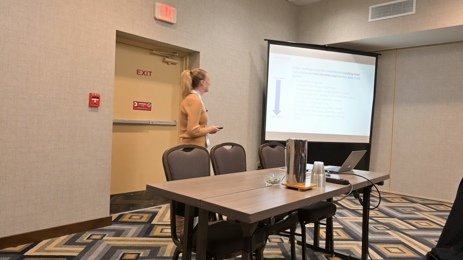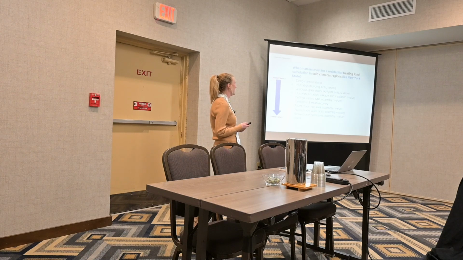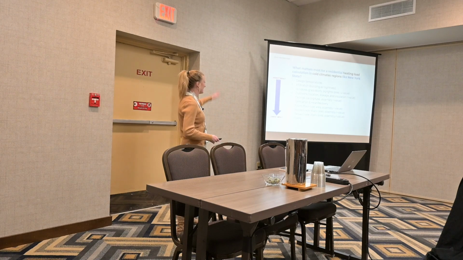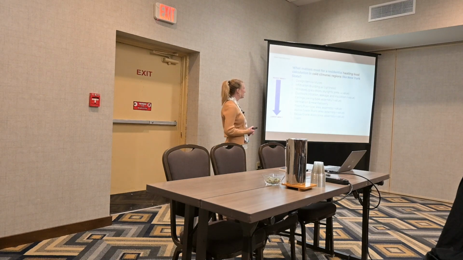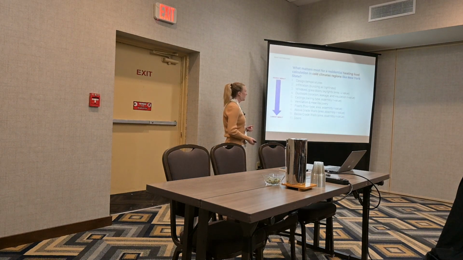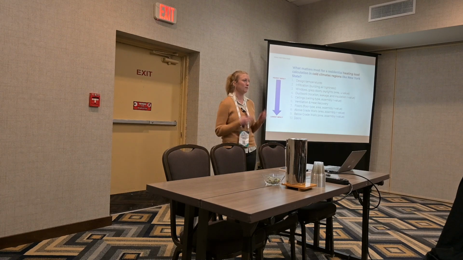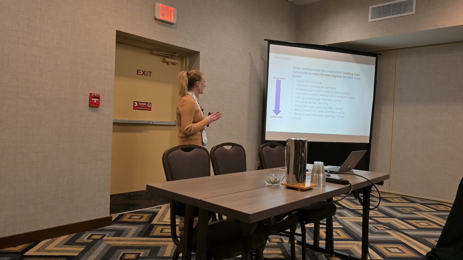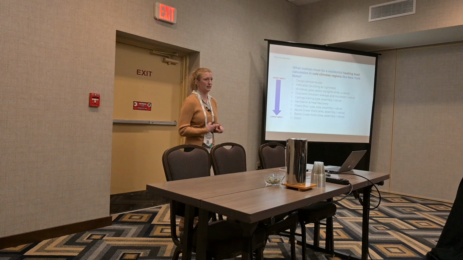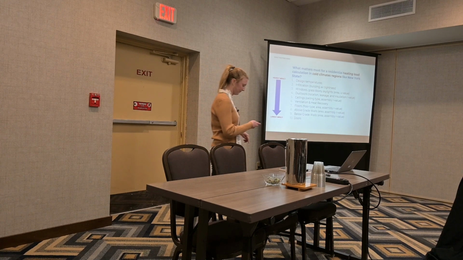What matters most for a residential heating load calc in cold climate regions like New York State, from highest impact to lowest impact: you want to make sure your design temperatures are accurate, your infiltration estimate is accurate, and your window areas, your U values, and your ductwork are going to have a much bigger impact on your load calculation than, say, the doors. There's typically only 2 doors in a home, small square footage, small area. Those are the ones you want to make sure you're taking the time to get accurate building information and take good photos of.